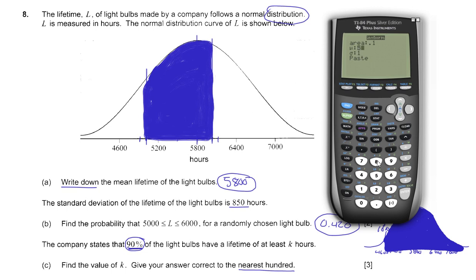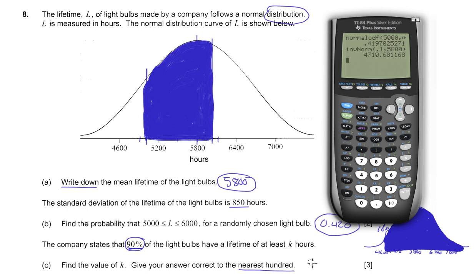Mean is 5,800, and then your standard deviation is 850. We paste that in there, push enter, and we get 4,710. So that means that right there's 4,600, there's about 4,710. It's all of this and above, which would make sense, I hope.